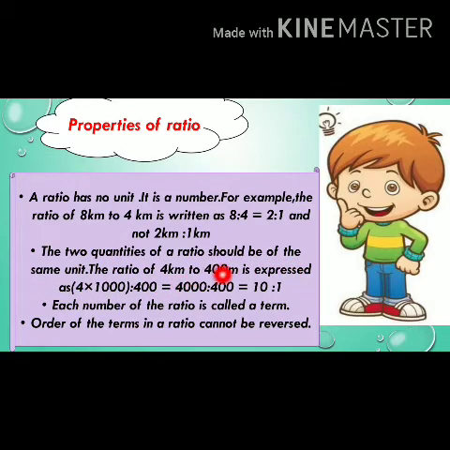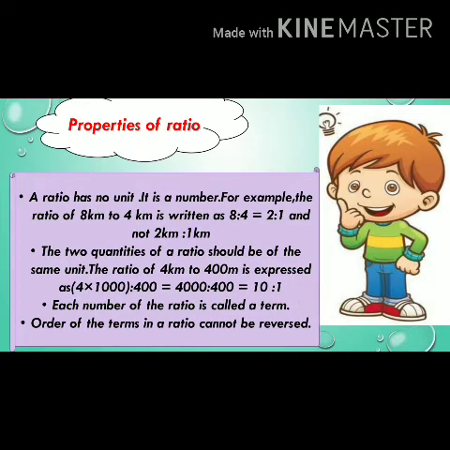Here kilometer and meter are different, so you have to convert kilometer into meter. 1 kilometer equals 1000 meter. So 4 kilometer equals 4 into 1000. So 4 into 1000 is to 400. 4 into 1000 is 4000. 4000 is to 400. Then after simplifying the terms, you will get the answer 10 is to 1.